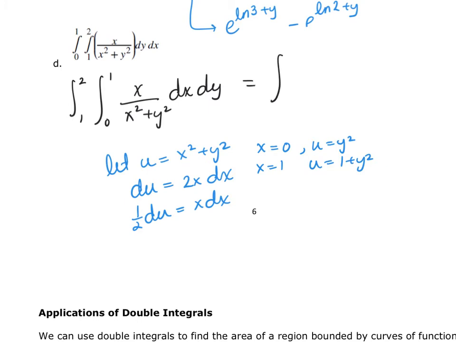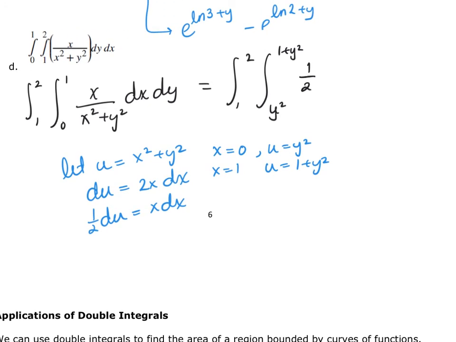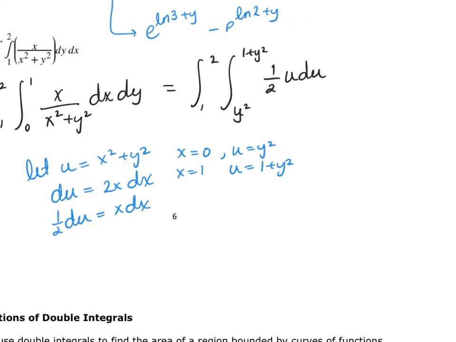So this is going to integrate from 1 to 2 of the integral from y squared to 1 plus y squared, and I have 1/2 times 1 over u, because that's what x squared plus y squared was, du, dy.